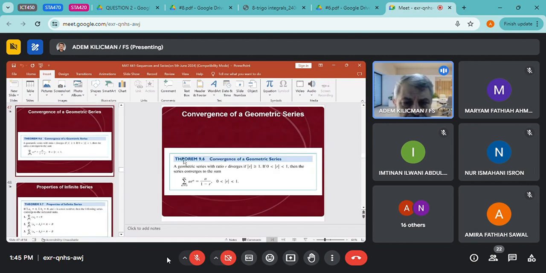For the geometric series, we have seen if absolute value of R is less than 1, then it is convergent. If absolute value of R is greater than 1, it is divergent. So today I will stop here. We will continue next week with some new topics.